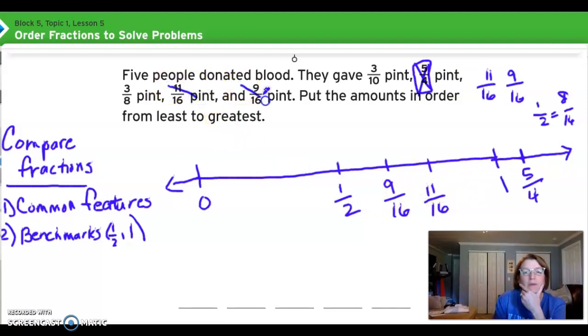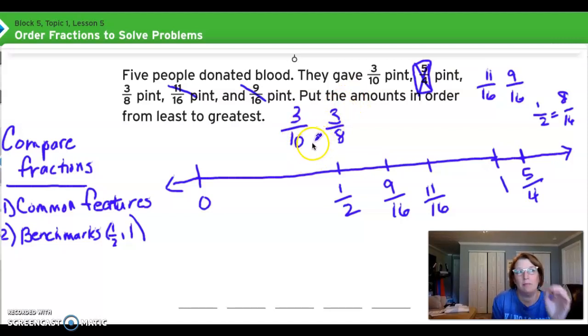So now that leaves me with the tenths and the eighths. So I've got 3/10 and I've got 3/8. And those both have the same numerator. With a common numerator like that, remember, we think about the denominator. And so I'm thinking about the size of the piece.